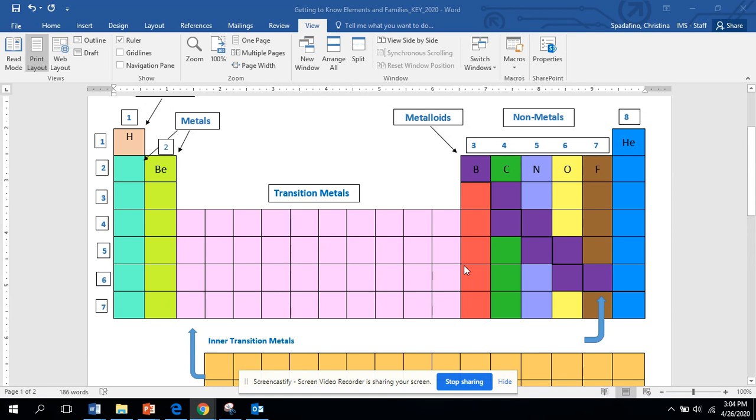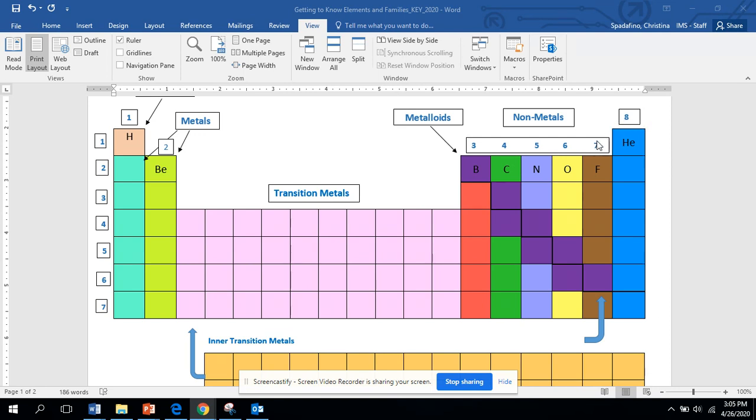Also, what I tend to do on my drawing, and I will actually post the PDF of what my handwritten one looks like, I also put the numbers for my rows here just to help so I'm not looking back and forth and using my finger. So next to helium, you can put a 1 and then a 2, 3, 4, 5, 6, and 7.